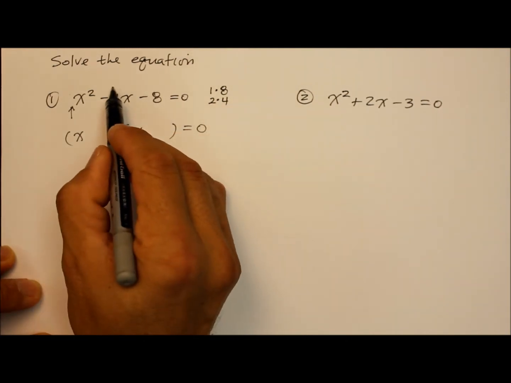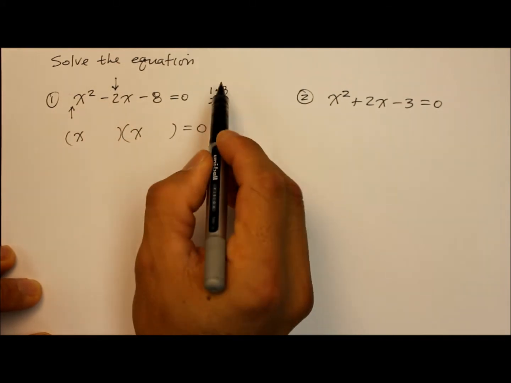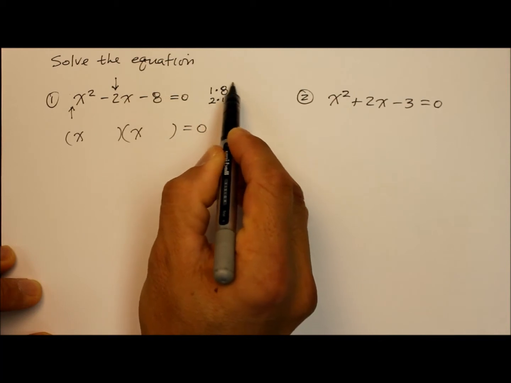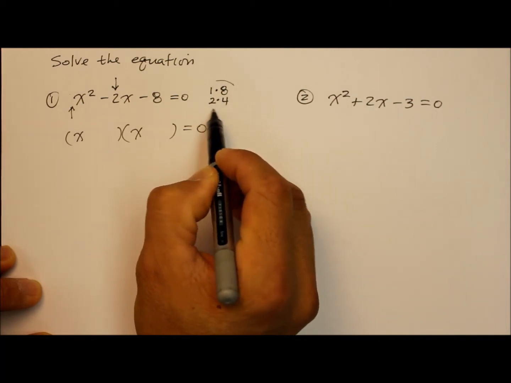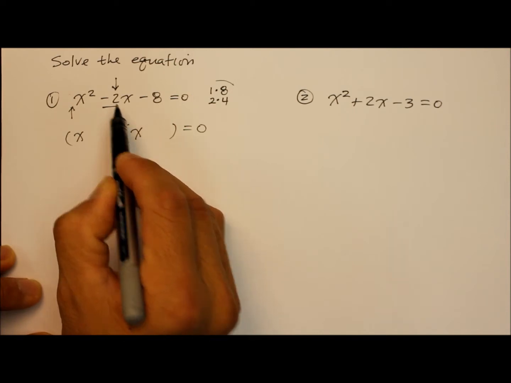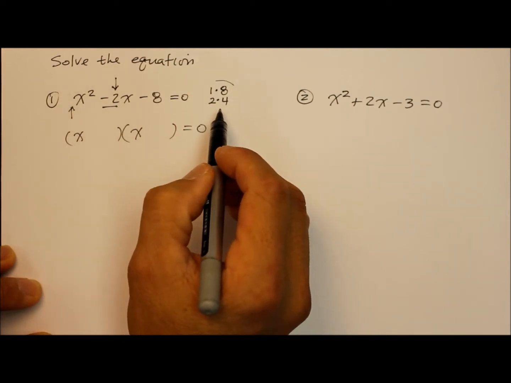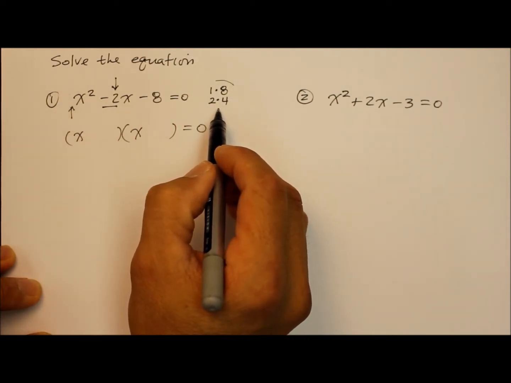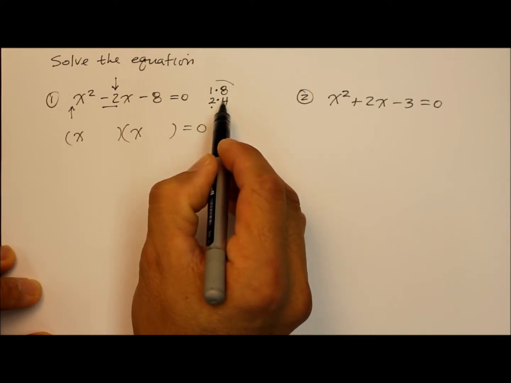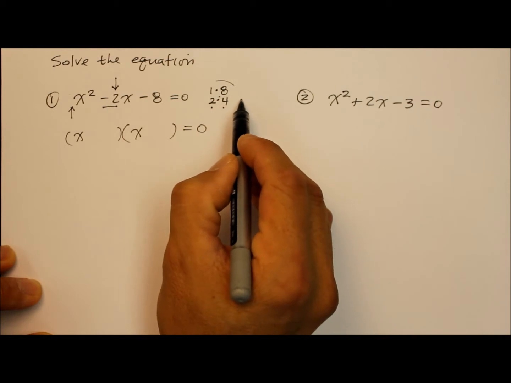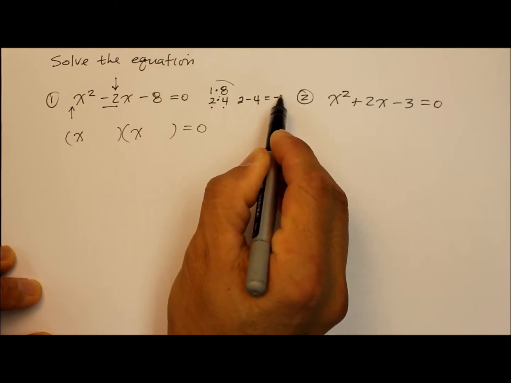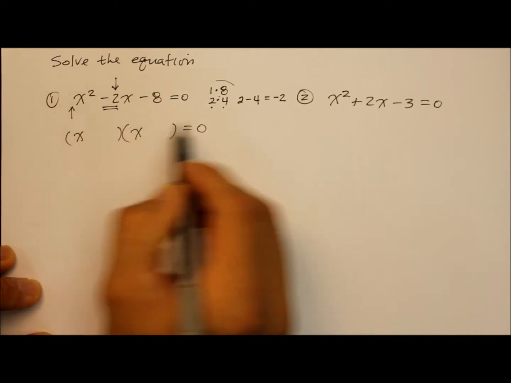Okay? And then finally, you ask yourself, if you were to combine these two product numbers, add or subtract, is there a way to add or subtract them so you will get a negative 2? And you could see right away, the only thing you could actually combine is 2 and 4, where the 4 has to be a negative, because 2 minus 4 gives you negative 2, just like here.